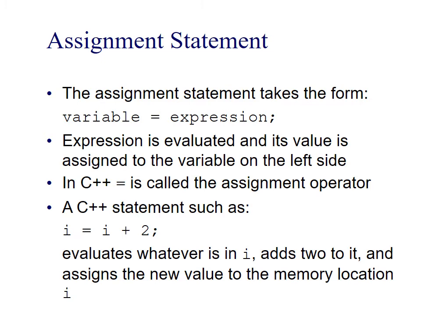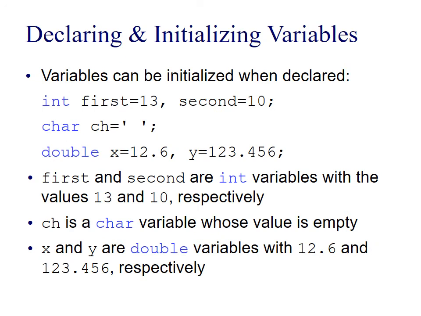Now this is some of the example of declaration and initialization. Declaration means this part, int first. Up to that, I'm declaring a variable called first. What is the type? Integer. And equal to 13 means initializing. Initializing means giving the initial, first, or starting value.